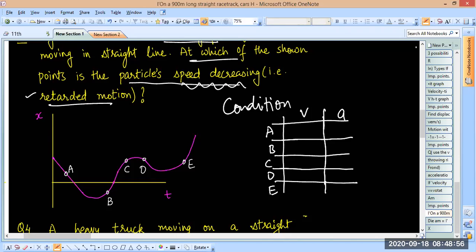Let's start. Velocity and acceleration at A. Hurry up, come on, people.